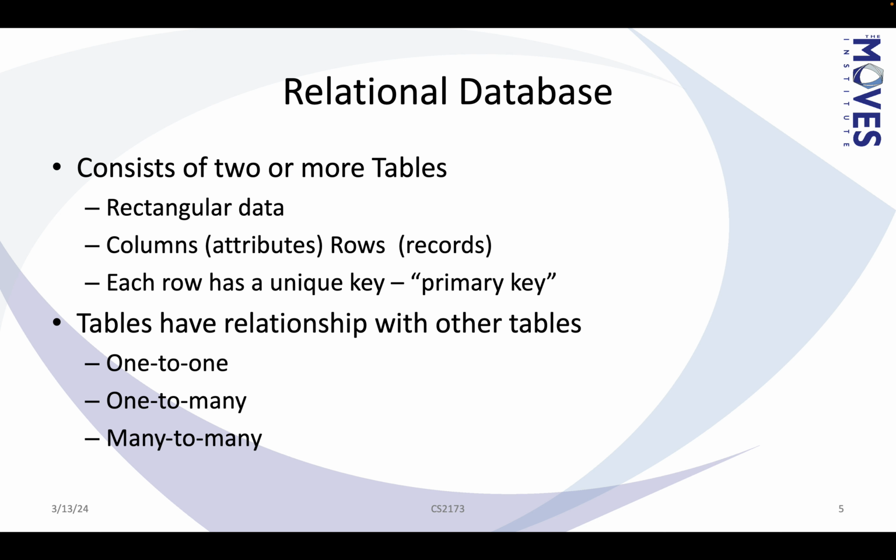So, the relationship with other tables: the one-to-one, that's one. The one-to-many is one of the powerful ones, like director to movie. A movie has one director, but a director has more than one movie, and likewise with actors. IMDb even has stuff about crews and other sorts of things.